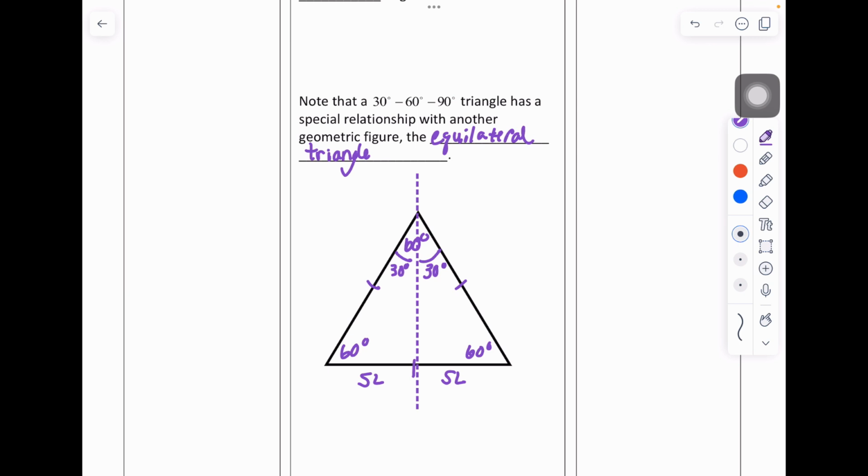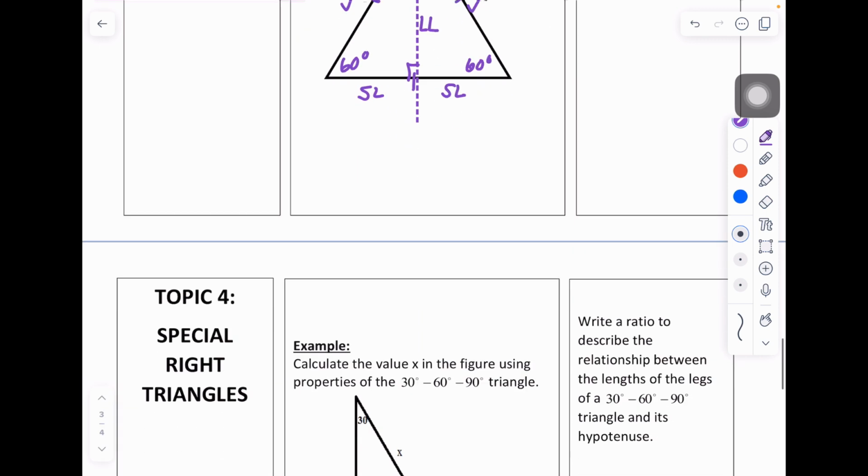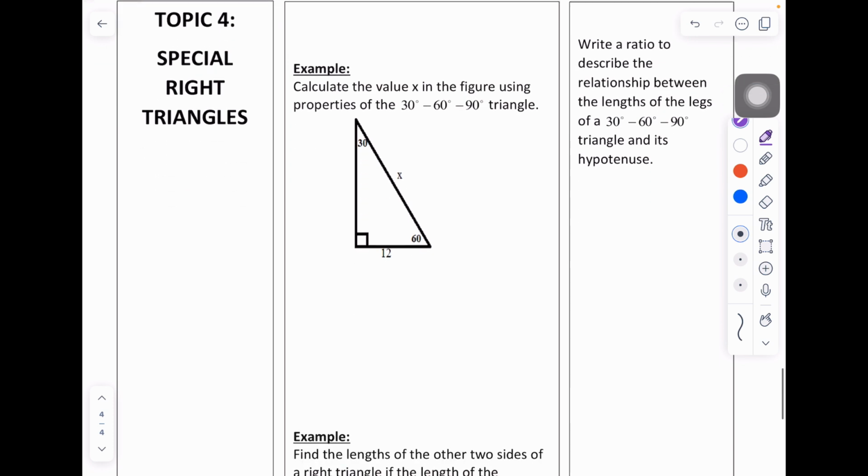And then I have a hypotenuse here, because I'm forming a right angle. And then I'm going to call this the longer leg, because it's opposite the 60 degree. So I've taken something that was equilateral, I've drawn my dotted line, bisecting an angle and a side, and now I have the two smaller ones. Okay, so let's do some practice with these here.